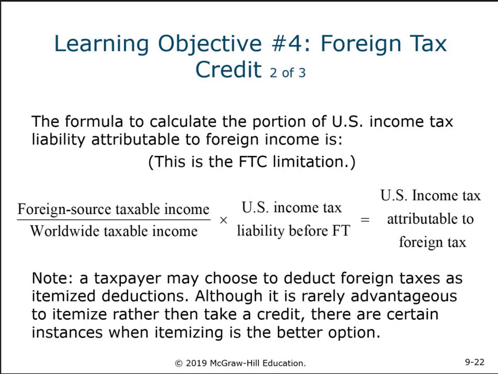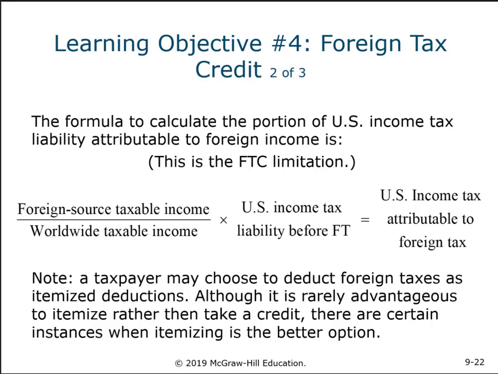So we calculate the foreign source taxable income and divide it by all of our taxable income, and then we take that percentage. So what percentage of our income was earned in a foreign country? We multiply that by our tax liability to get the amount of income tax that's attributable to that foreign income.